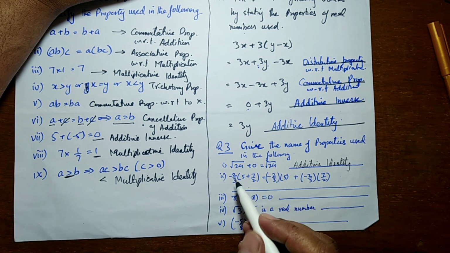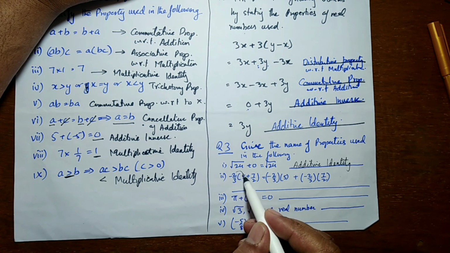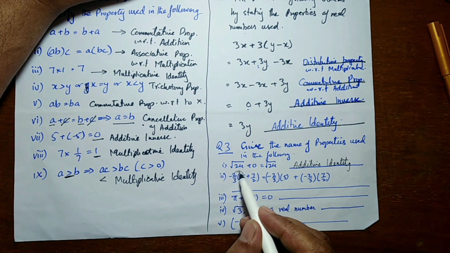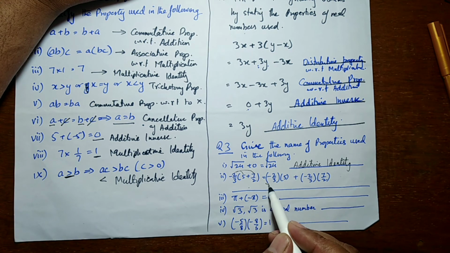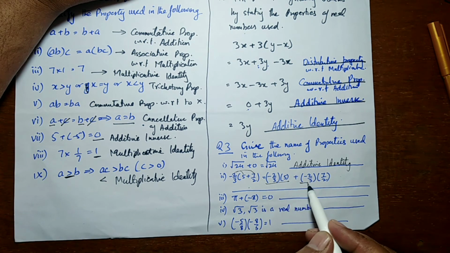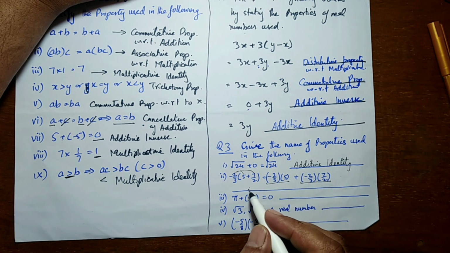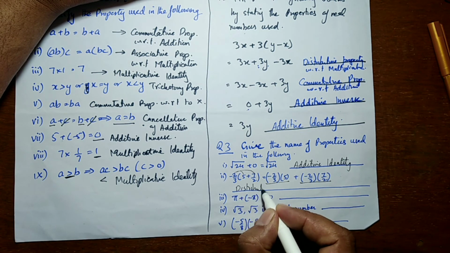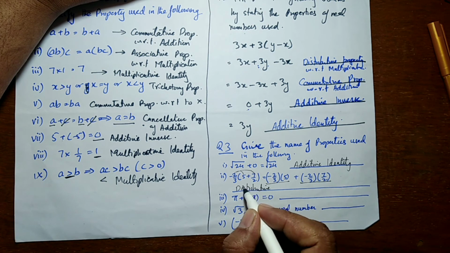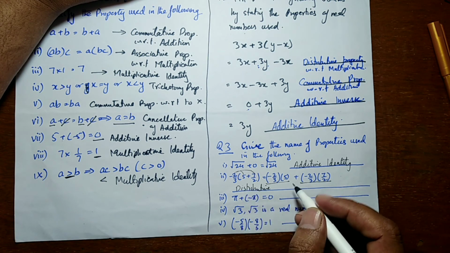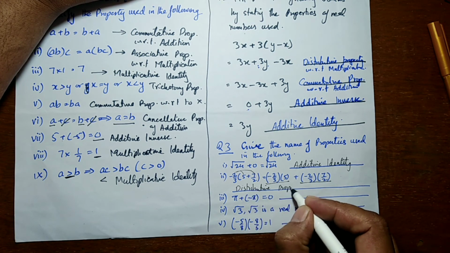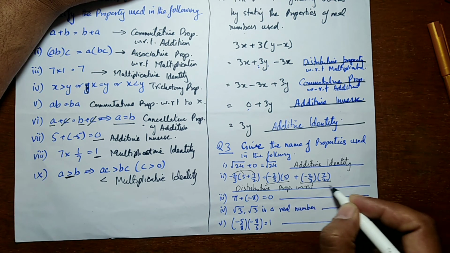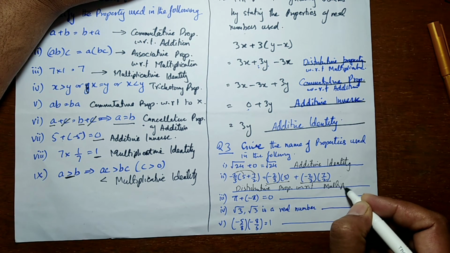Okay. Now you can see here -2/3 is multiplied with 5 and with 7/2. When we multiply with 5 we get this part, when we multiply with 7/2 we get this part. So this is called distributive property with respect to multiplication.